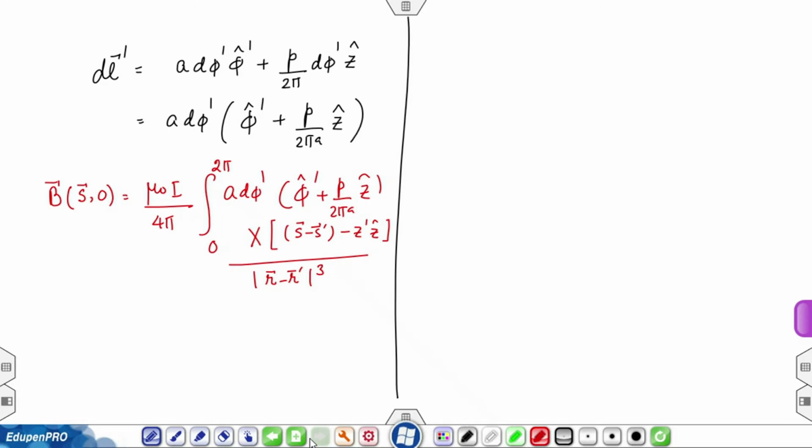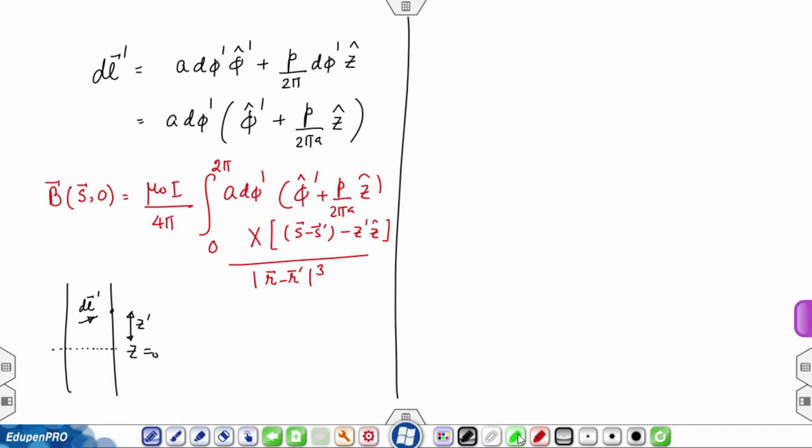So, let us find out. Just to recap, what I am doing is, here is the solenoid, here is z equals 0, I am at a point z prime somewhere, and this is my d l prime.